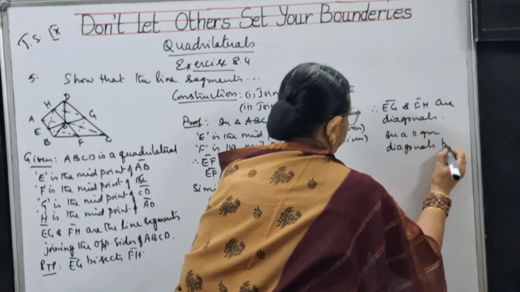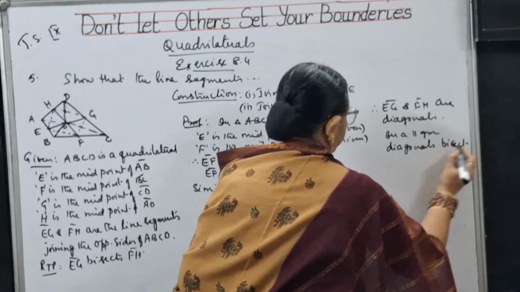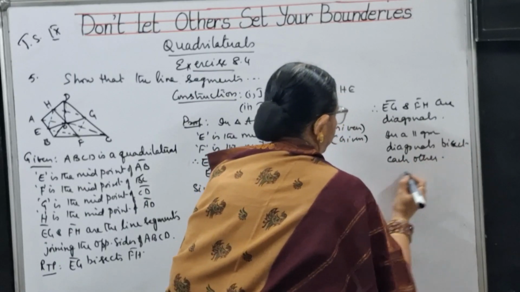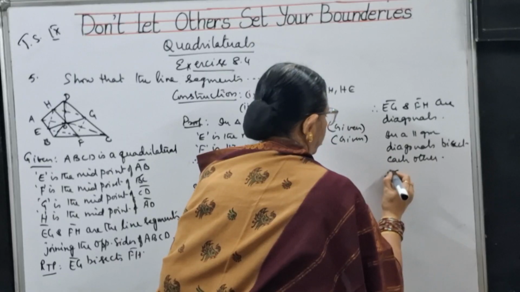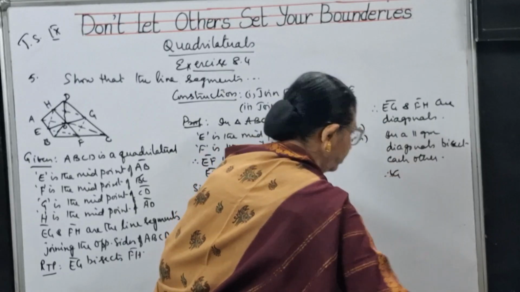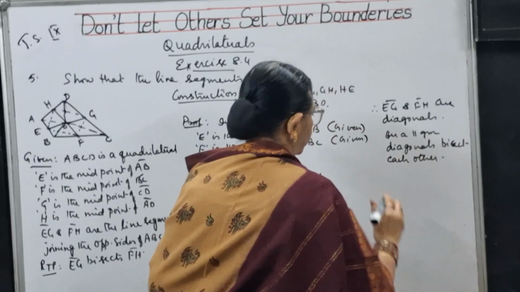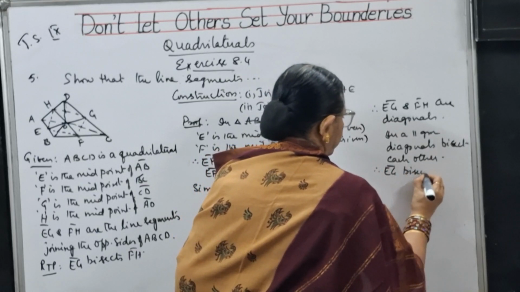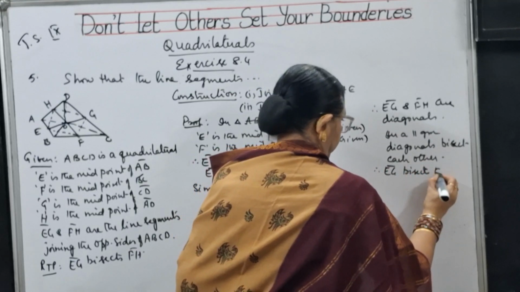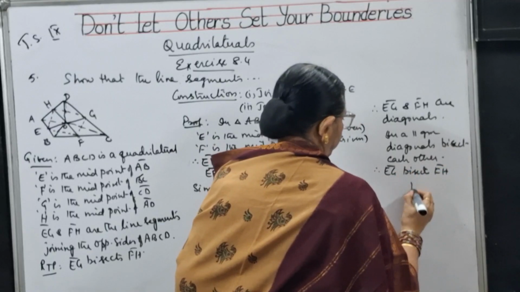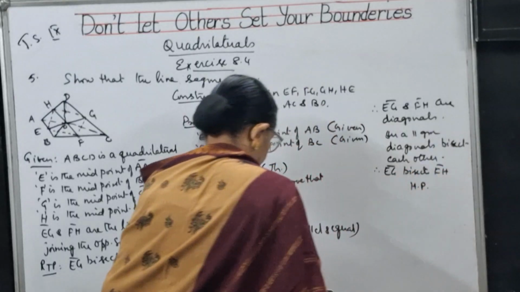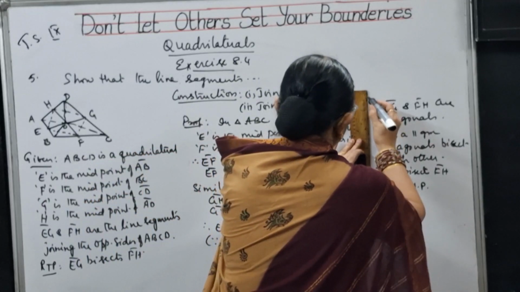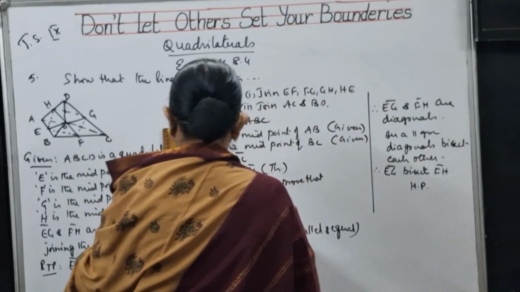Diagonals bisect each other. Therefore EG bisects FH. Hence proved. So this is the statement that we have proved, children. So please note it down.